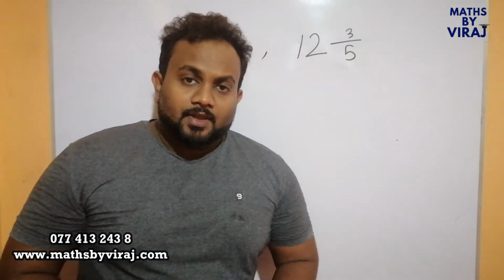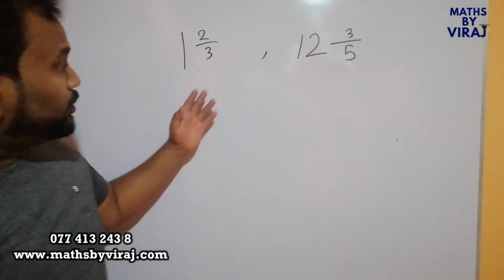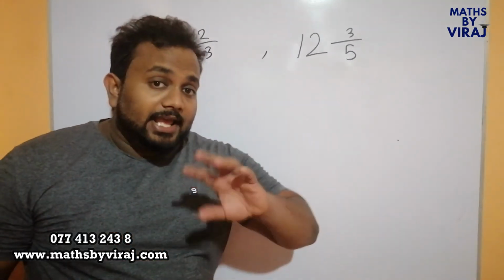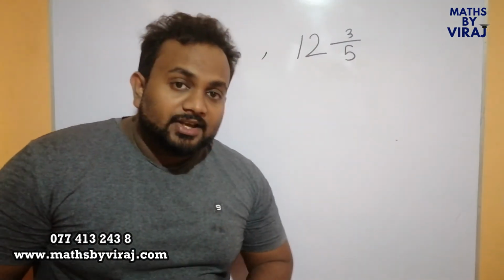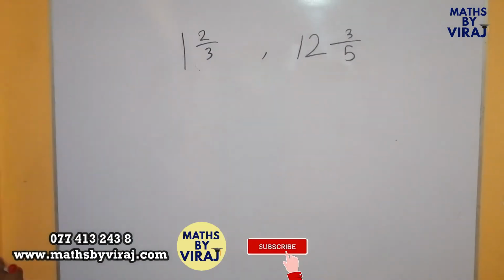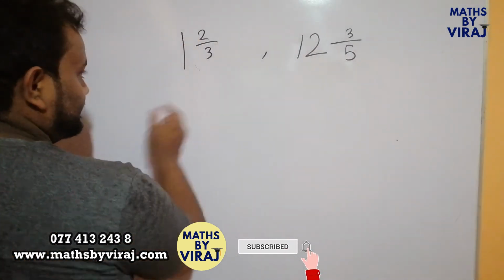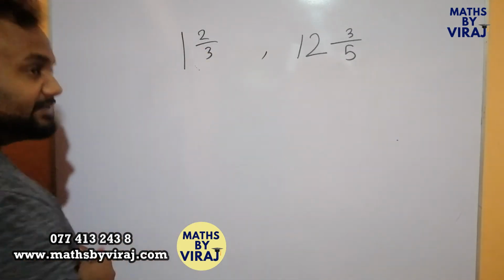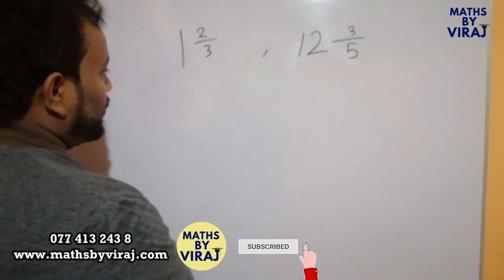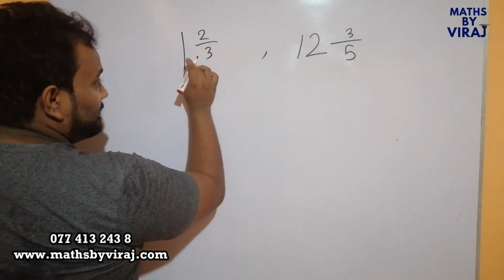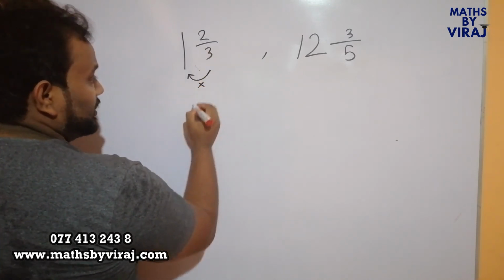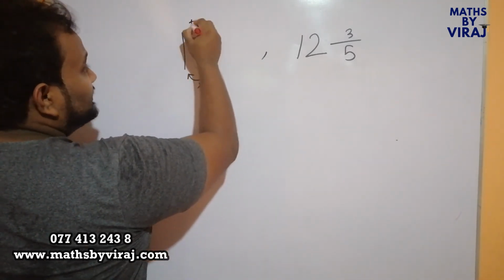Right, children? We have two mixed fractions. Now my aim is to convert these mixed fractions into improper fractions. Now you see that this is whole number 1 and 2 over 3. The easy method of doing this is you multiply the whole number and the denominator. To that you add the numerator.